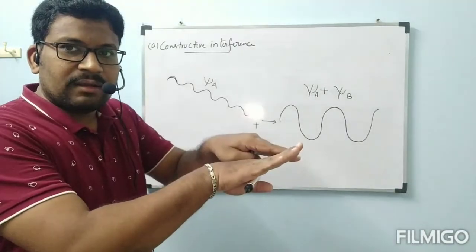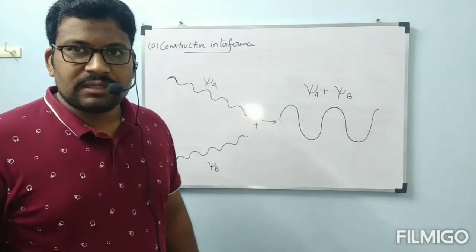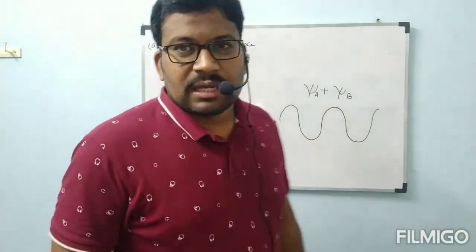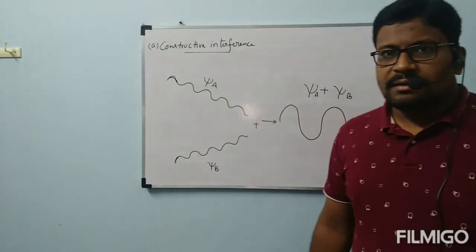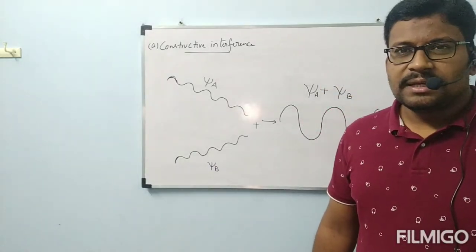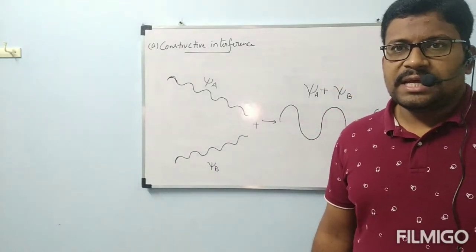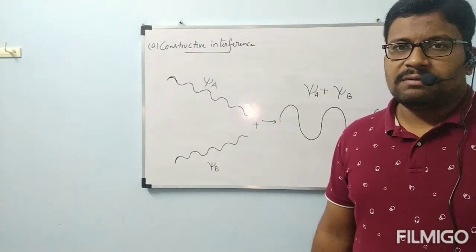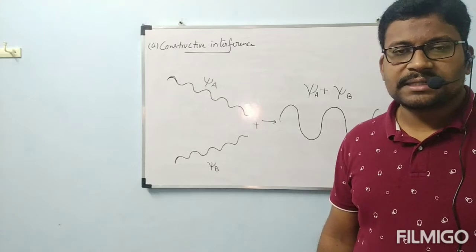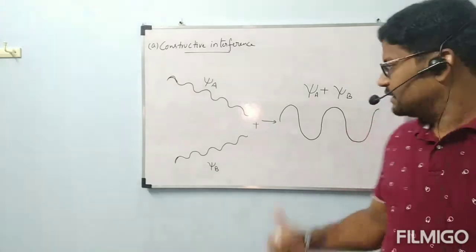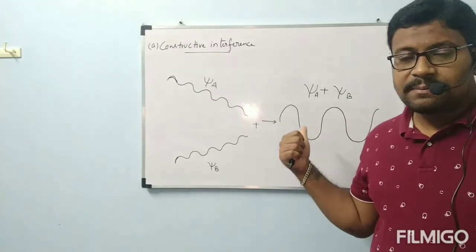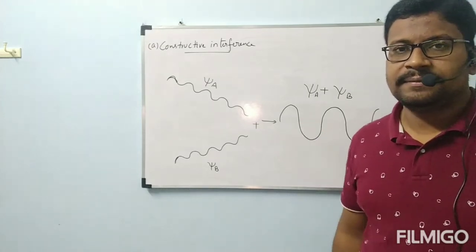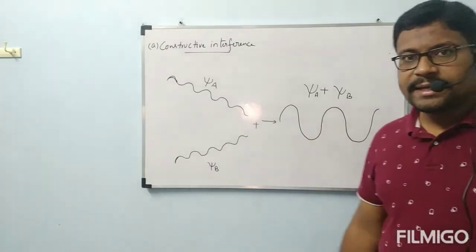When these two interfere, two types of interference we have seen. The first one is constructive interference. What is meant by constructive interference? When the crest of one wave exactly matches the crest of another wave, or when the trough of one wave exactly overlaps the trough of another wave, the process is called constructive interference, and the resultant wave is represented by psi A plus psi B. Observe the diagram carefully.